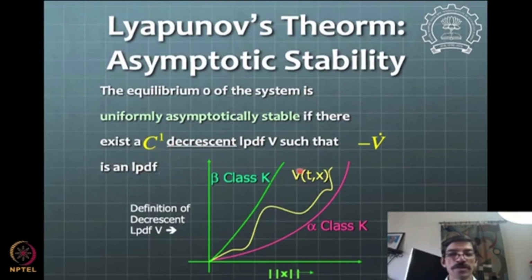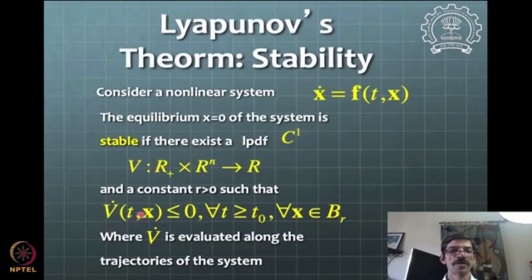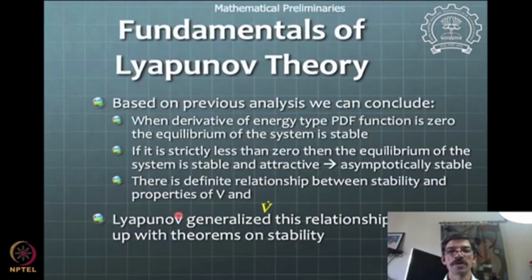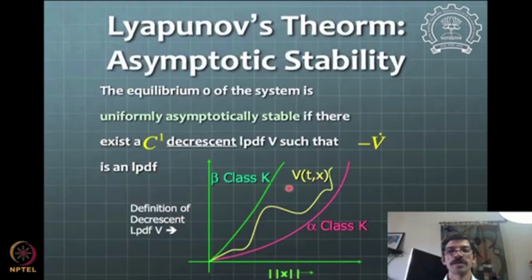This is a condition on V, and for asymptotic stability we need that minus V dot is an LPDF. Okay, so this is now a little stronger condition than V dot less than or equal to 0. So now we want this minus V dot to be an LPDF function.